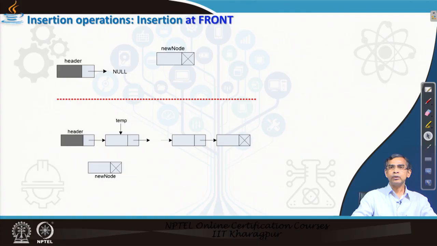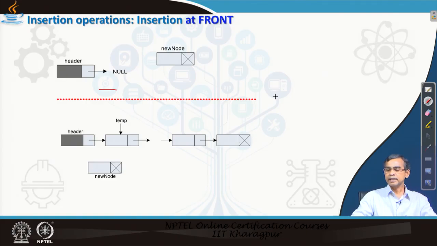Otherwise, we want to insert a node at the front of a list which contains at least one node in it. So, these are the 2 situations: the list is initially empty, or the list contains at least one node.